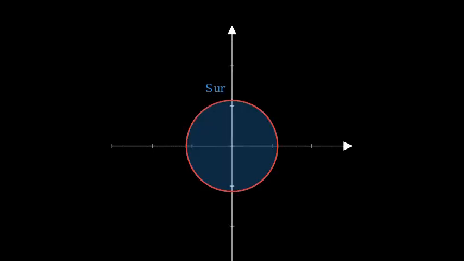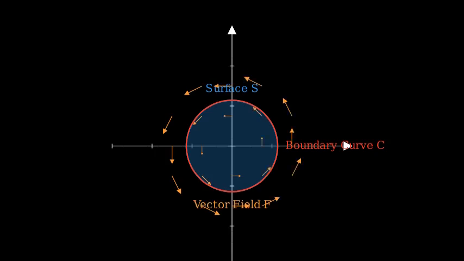To visualize Stokes' theorem, let's consider a simple example with a circular surface. Here we have a flat circular surface S in 3-dimensional space. The boundary of this surface is the circle C. Now imagine a vector field F flowing across this surface. The vectors might have different magnitudes and directions at different points.